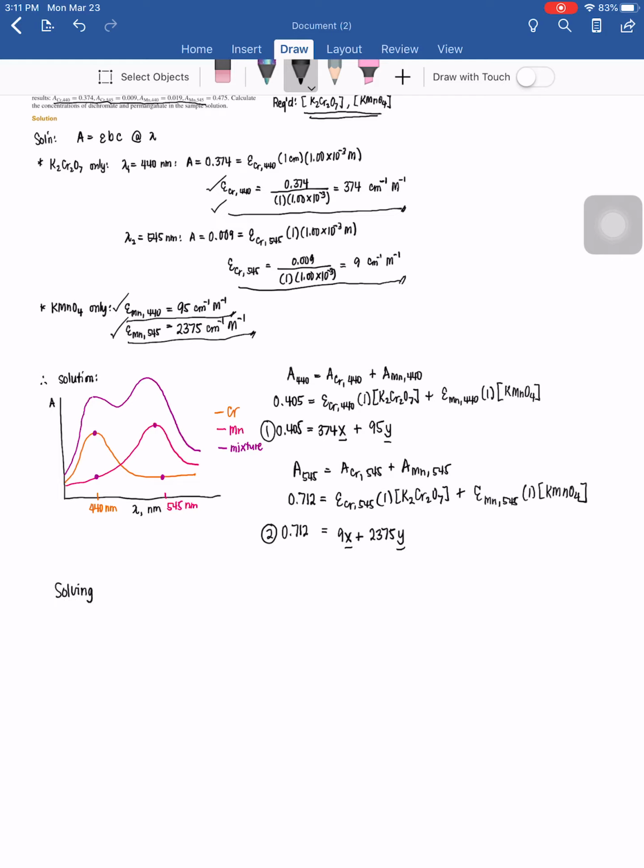So solving equations 1 and 2 simultaneously using our calculator, we should be able to get the following.